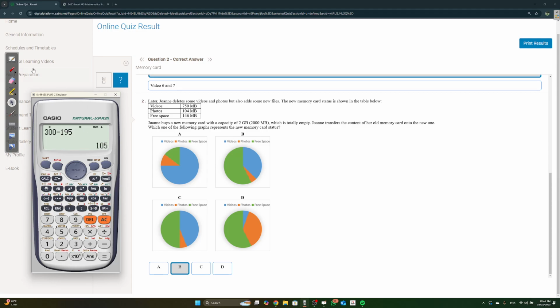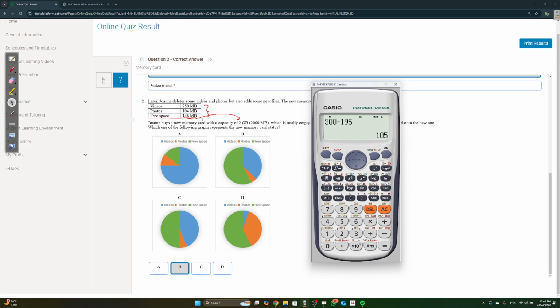Obviously, here we have the memory card status before buying, right? Here we have free space of 146. When she buys capacity 2 gigabytes, and she transfers everything on it, how much free space is gonna be there now? It can't be 146. You transferred everything to 2 gigabytes. You guys know here it was 1 gigabyte capacity, right?